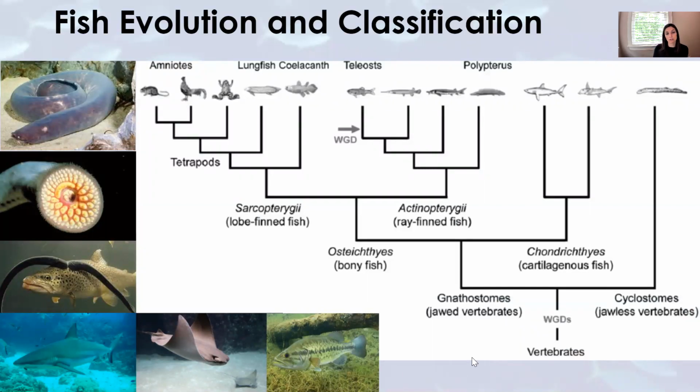This diagram shows the relationship among groups of fish and other vertebrates. If we start here with vertebrates, we can branch off into the jawless vertebrates. These are the hagfish and the lamprey, the agnathans, they're sometimes called. They have these kind of mouth parts.